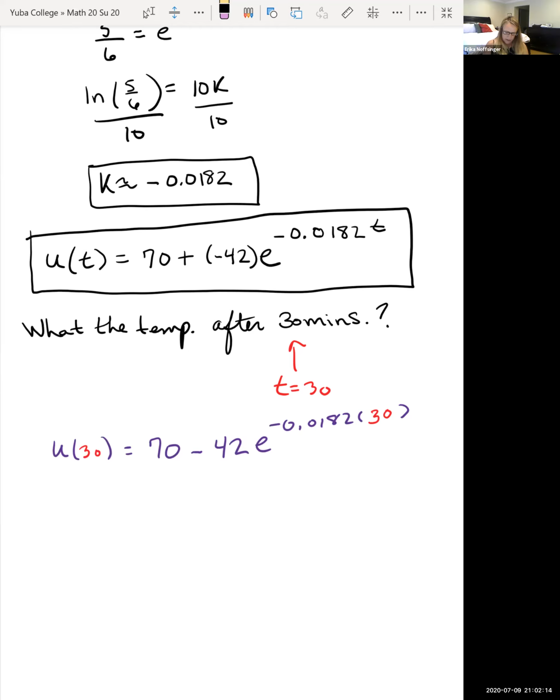Okay, so I got that number in my exponent, so I'm going to take my exponent times 30. I can take e raised to my answer.